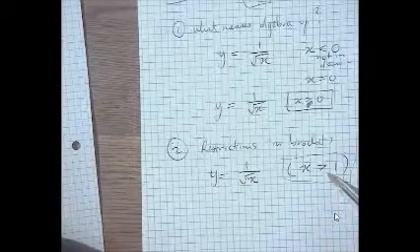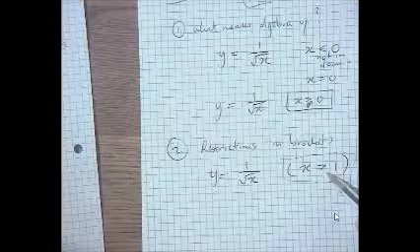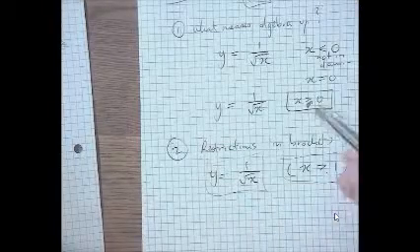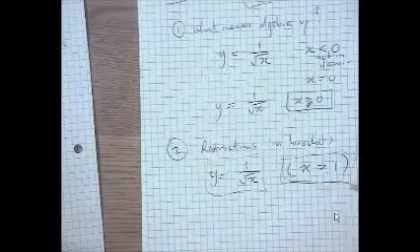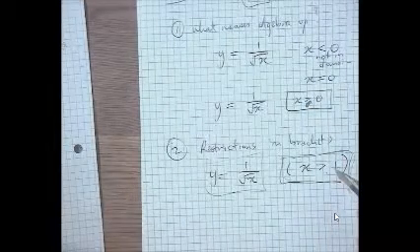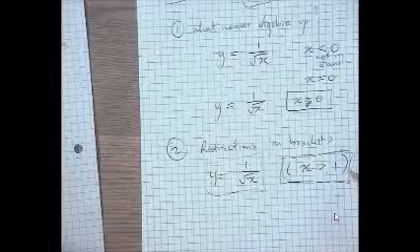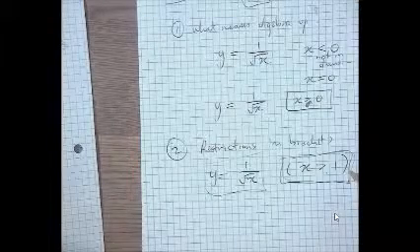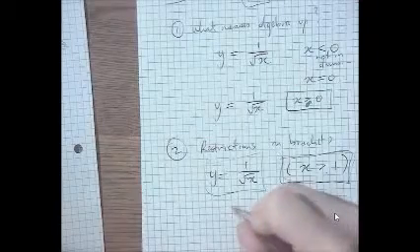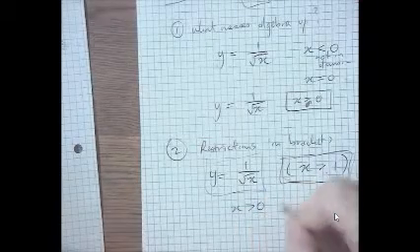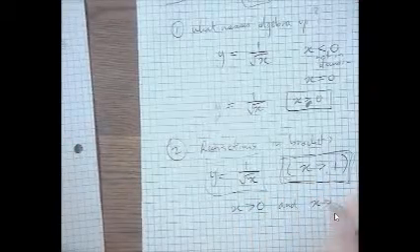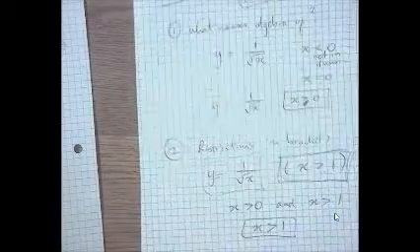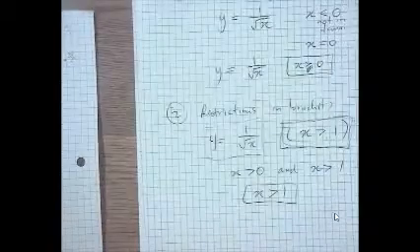In this case, the natural domain is just numbers that are positive, but then this little restriction comes along and tells you that for this question we're only looking at numbers that are bigger than 1 as well. So basically the domain is whatever makes x greater than 0 and whatever makes x greater than 1, which means the domain is just x greater than 1. So that's your second method.